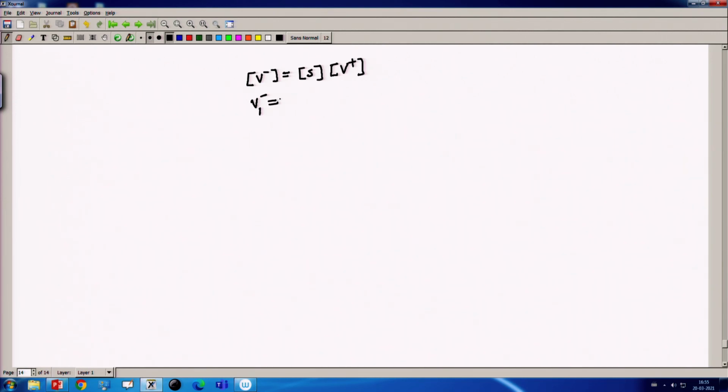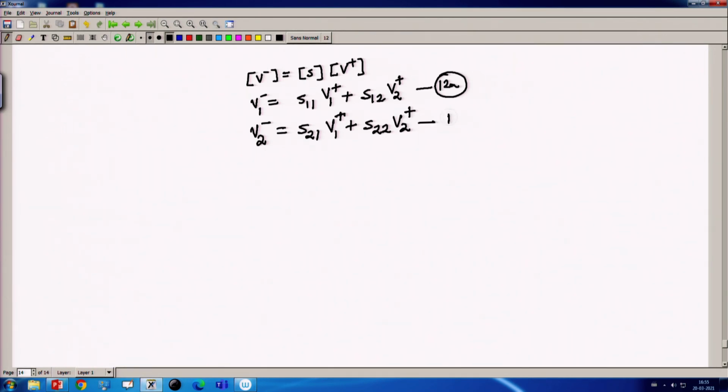So, from here, these two equations are the explicit form of this equation for the two port network.